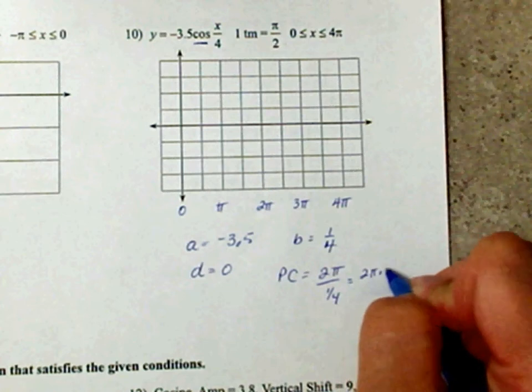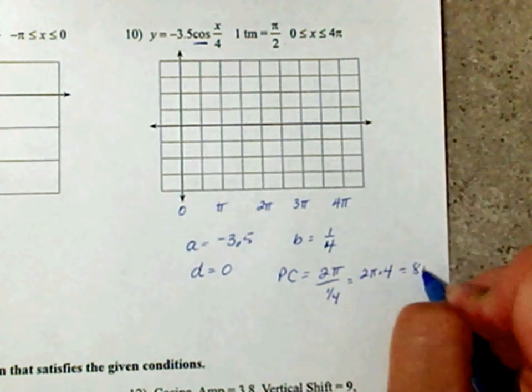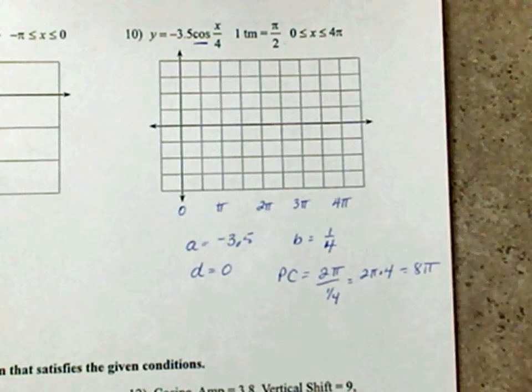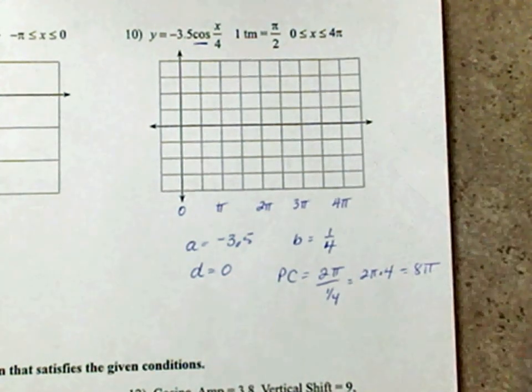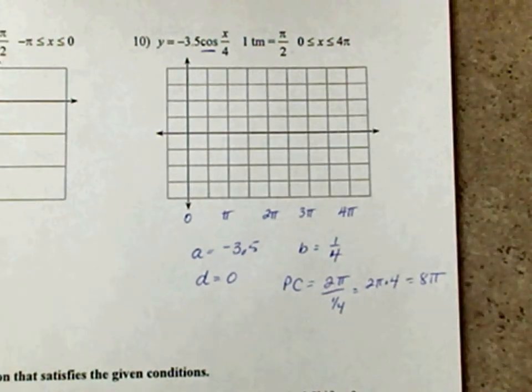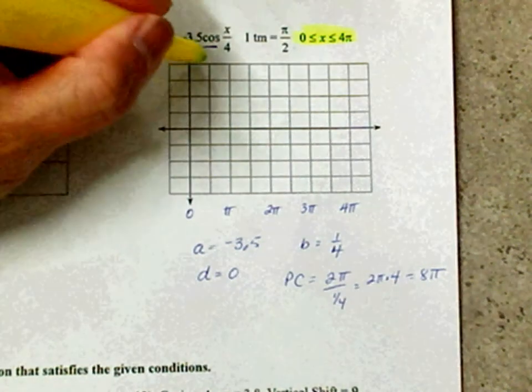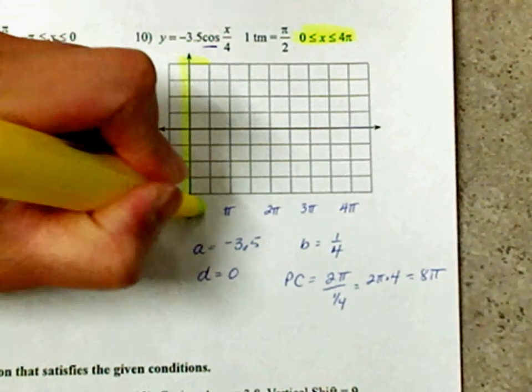Take the reciprocal, which comes out to be 8 pi. All right. Now, we only want to graph from where to where, okay? We only want to graph from 0 to 4 pi. Where is 0? Right here, to 4 pi, which is right here. All right.